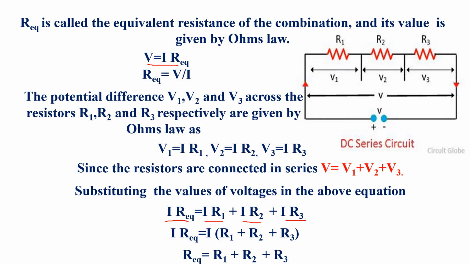IR1, where I is the electric current, times R1. Next IR2. Next IR3. We have to add these three.